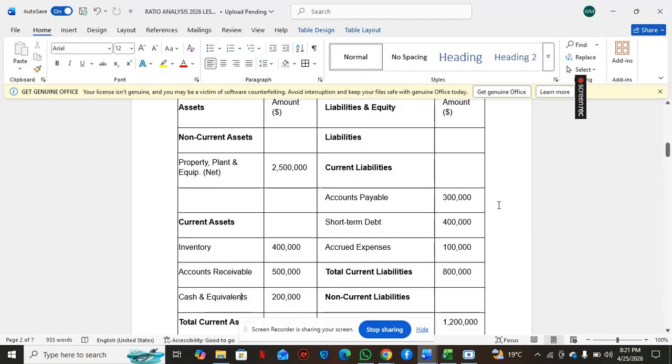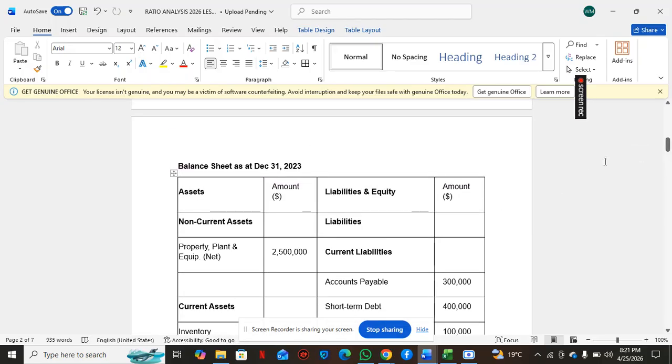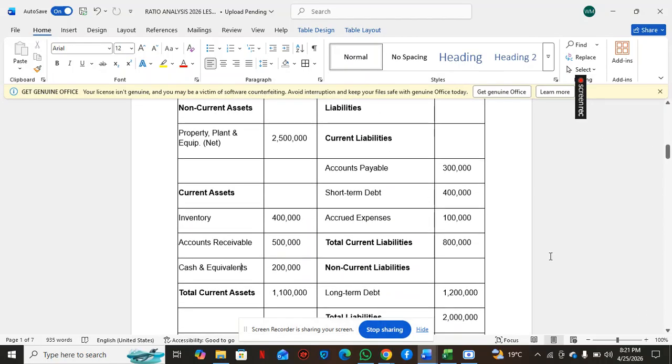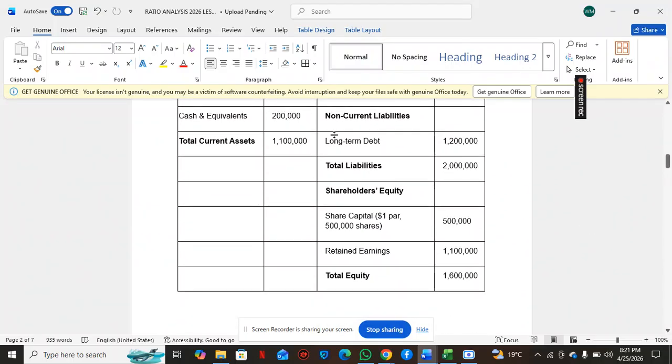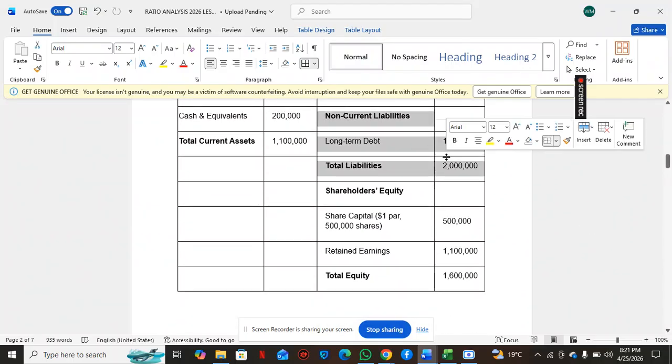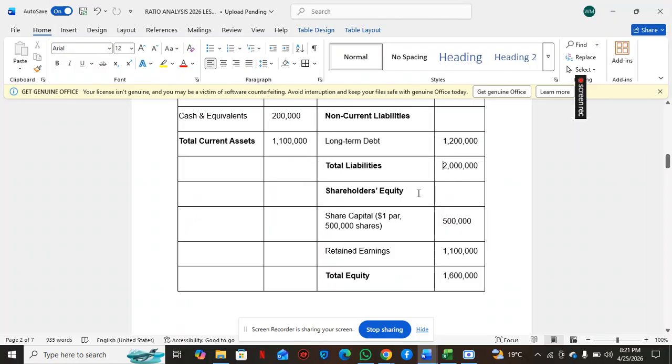You've got your current liabilities here, what you owe and you need to pay within a year. You've got your non-current liabilities, long-term debt. You have your shareholders' equity.